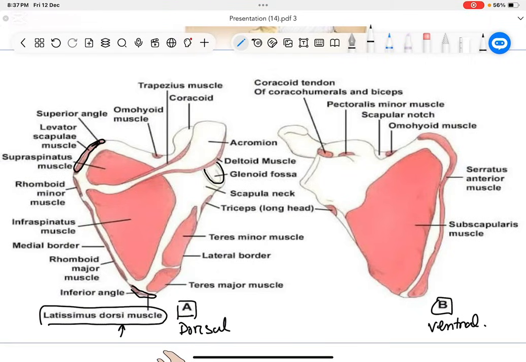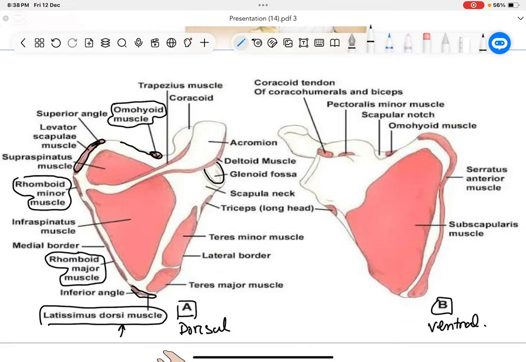The superior border is related with a muscle called the omohyoid. The inferior belly of the omohyoid muscle arises from the superior border. If we see the medial border, we will get the rhomboideus minor and rhomboideus major muscles.